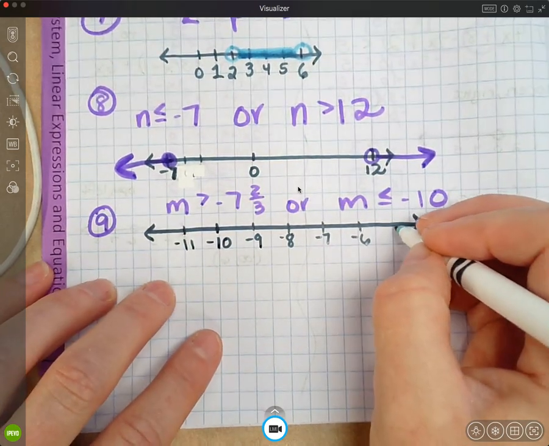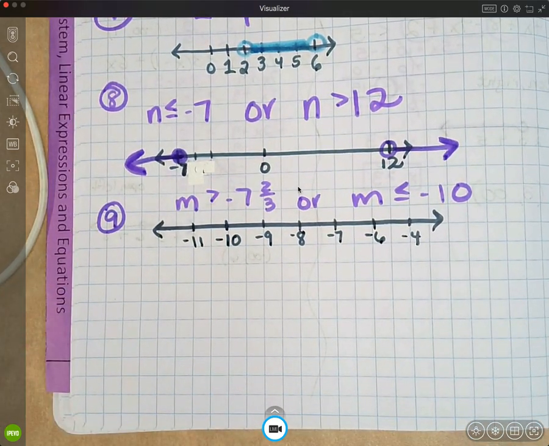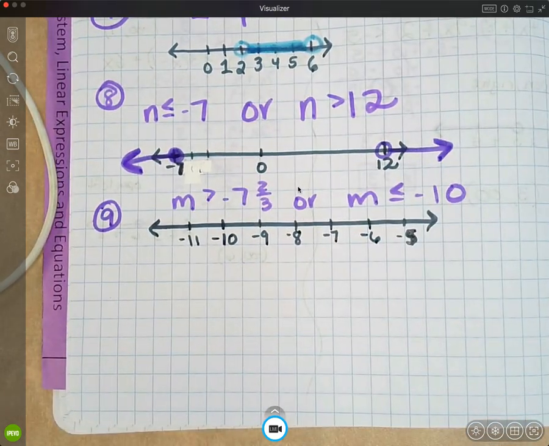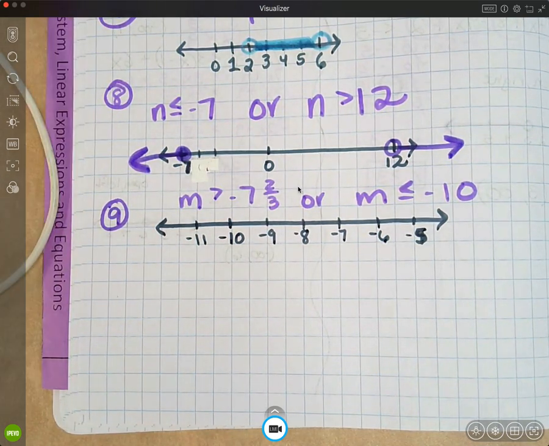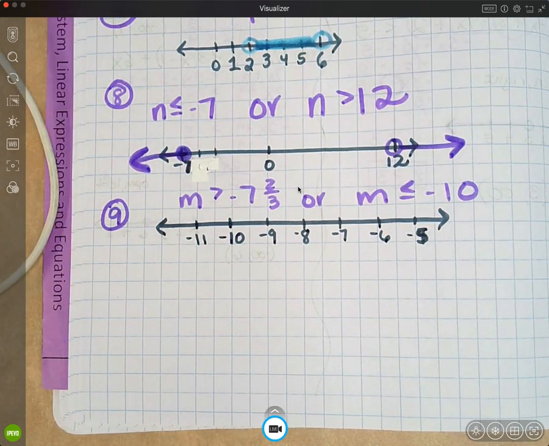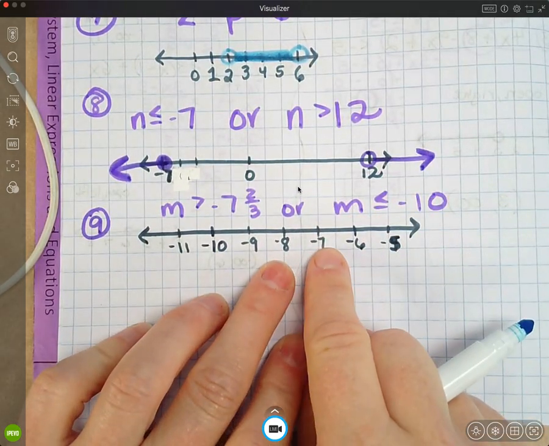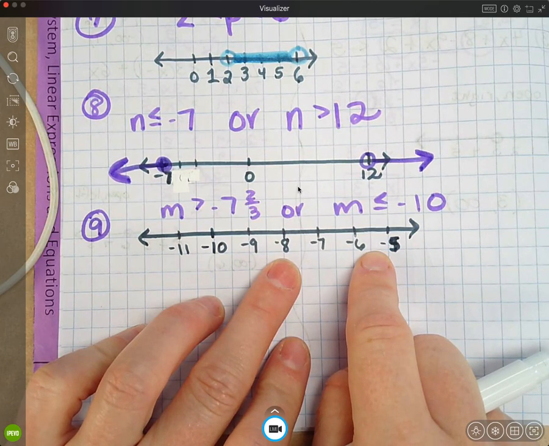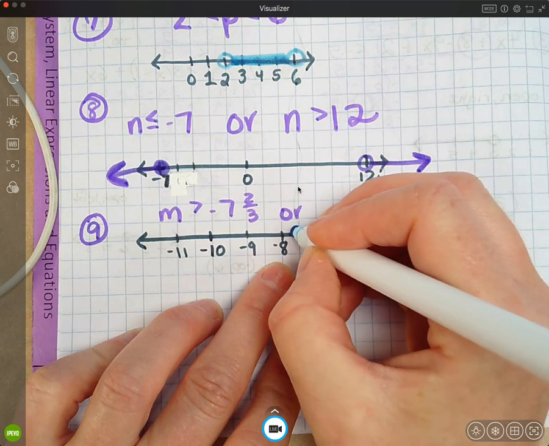So I kind of have an idea of what this looks like. There we go. All right, so it says greater than -7 2/3. So is that closer to -7 or closer to -8 or closer to -6? Closer to -8. And it's an open circle?